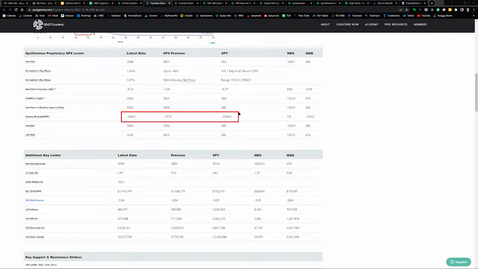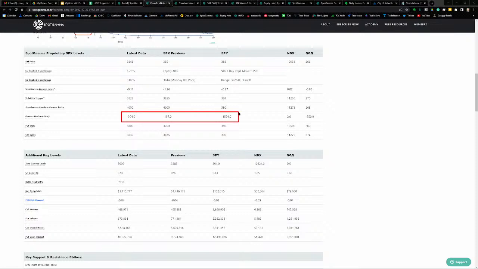Since they're short puts, if SPX and SPY drop, market makers' delta exposure increases. They want to remain delta neutral, so they have to sell futures to hedge their delta exposure. So they're trading in the direction of price, and as price increases, they can buy back their short futures. They're trading in the direction of price both up and down, and that tends to increase volatility, with market makers enhancing the price action in either direction.